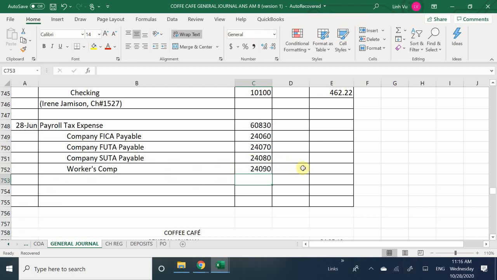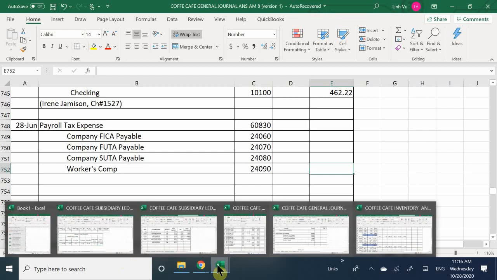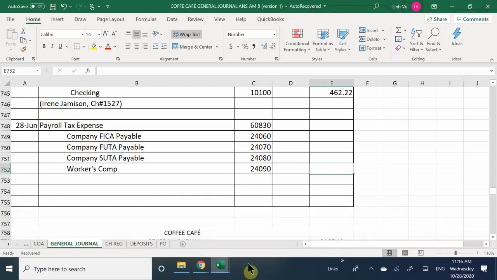So from this, all right, how much, let's start from the bottom. How much workers' comp did we pay? Yes, exactly. So $7.40.